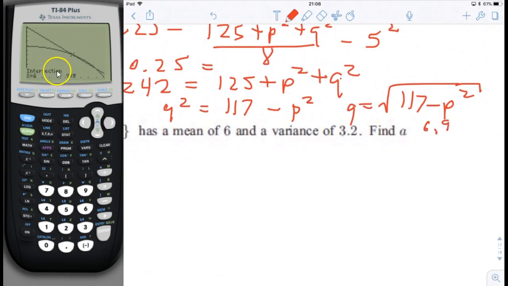And the other one is probably going to be 9, 6. Let's try. So we'll do second calc intersect, and we'll move it closer to the second intersection. Hit enter. And it's 9, 6, yeah. So either 6, 9 or 9, 6.